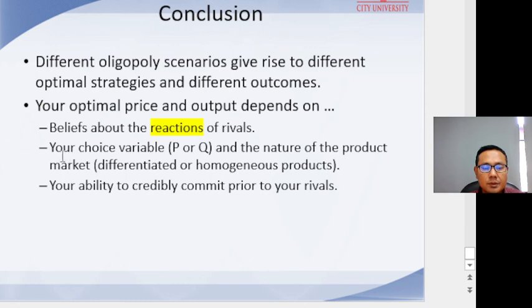So choose your choice variable, price P or quantity Q, and consider the nature of the product market, differentiated or homogeneous product, and your ability to credibly commit prior to your rival's arrival, right?